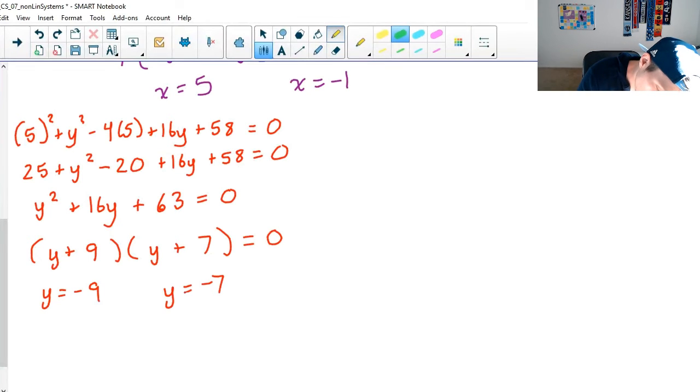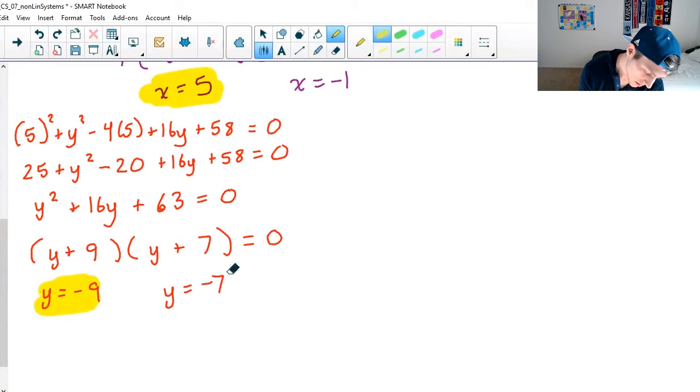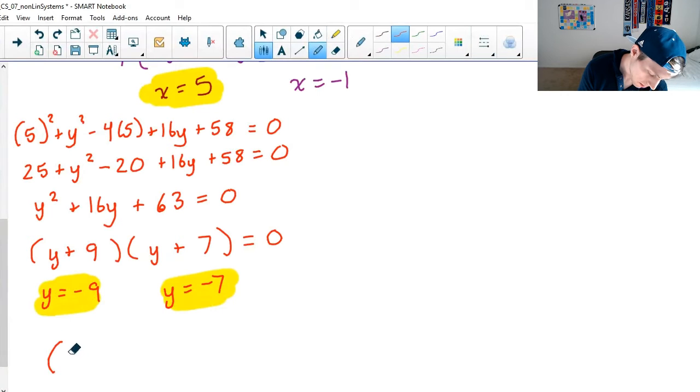So a point of confusion that I often see. We plugged in 5, and when we did that, we got these two answers. So that means I know two solutions. I know if I plug in 5, one thing I'll get is negative 9.